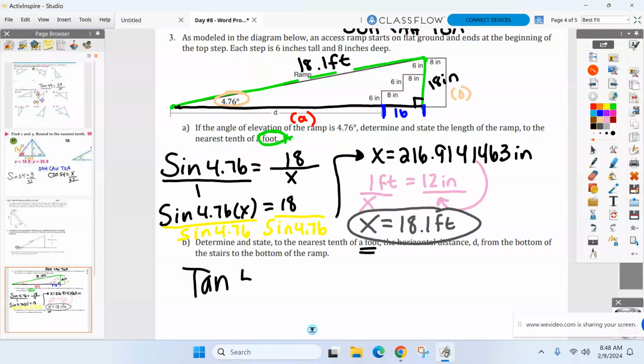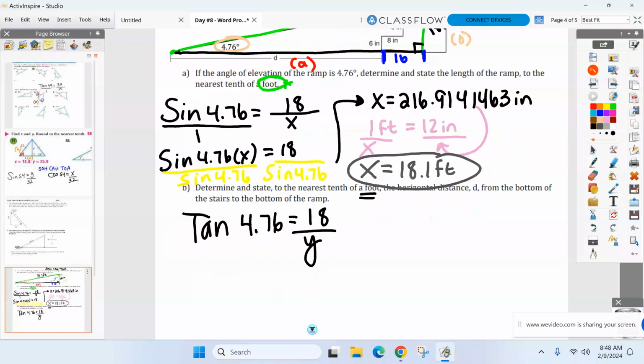So tangent 4.76 equals opposite 18 over adjacent. I'm going to put a y there because I've already used x. And here, remember, this is not the d value. That's the whole leg we're finding.